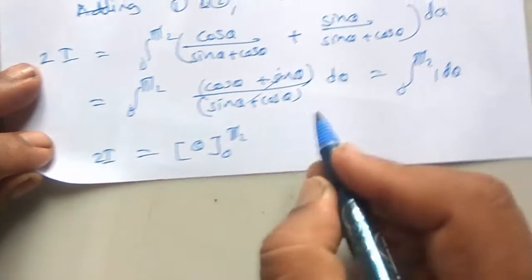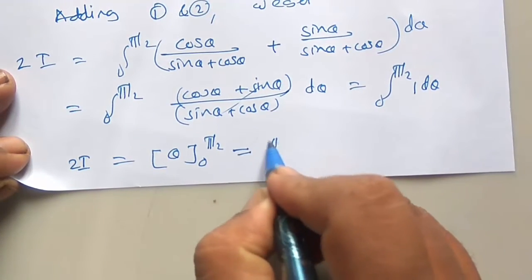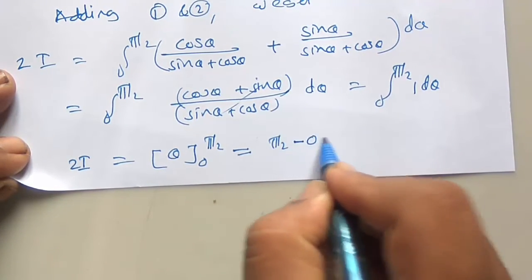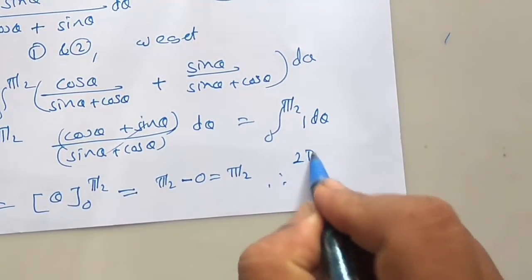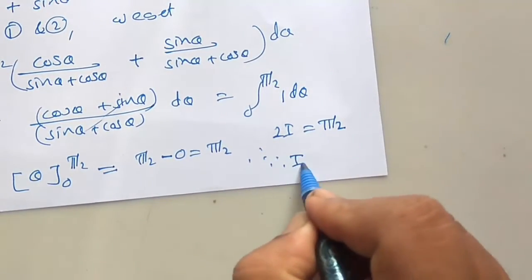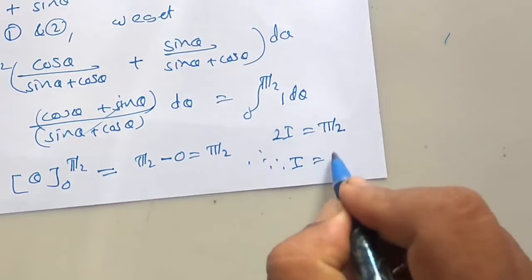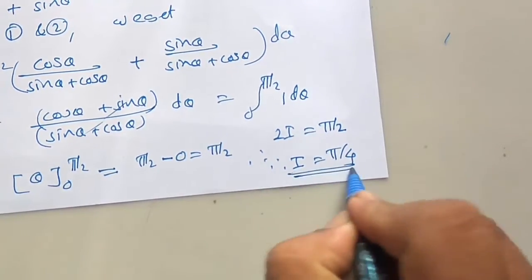This is twice I, and this is equal to pi by 2 minus 0, so it is pi by 2. Therefore 2I is equal to pi by 2, and dividing by 2, I is equal to pi by 4. So this is the answer.